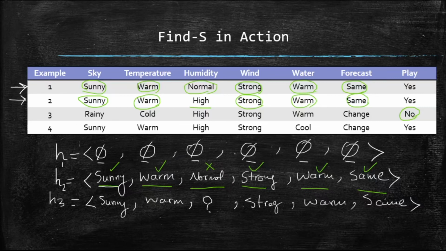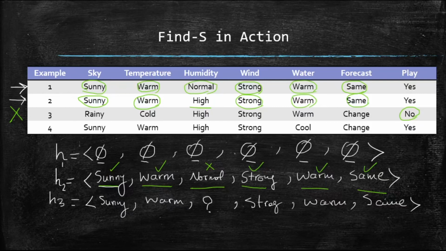Because just starting with the first one, it has rainy for sky, but we only accept sunny for sky. So example number 3 cannot satisfy H of 3, and H of 3 would classify example number 3 as a negative example. So it's already right. Later on, I will explain to you why the Find-S algorithm doesn't even notice the negative examples. It has a very interesting reason.